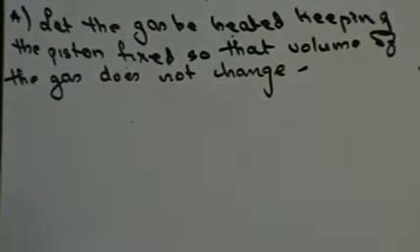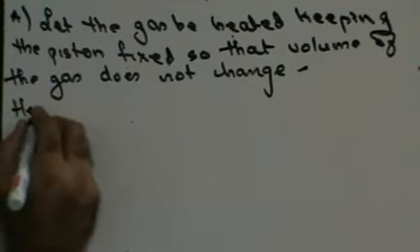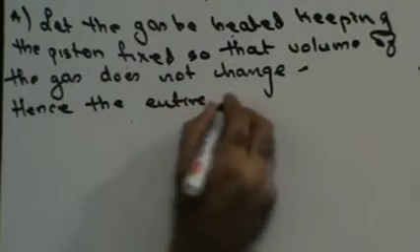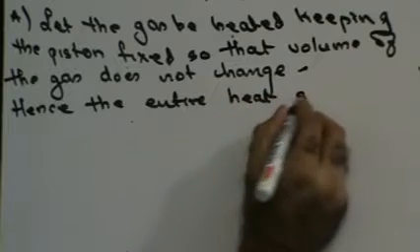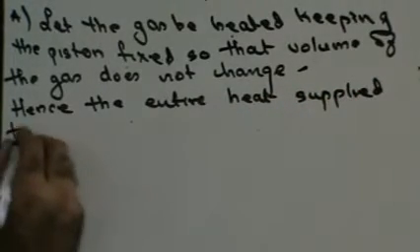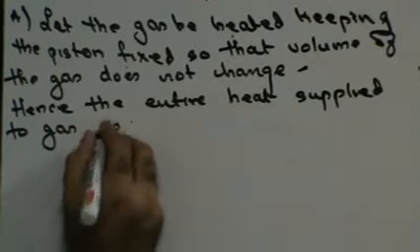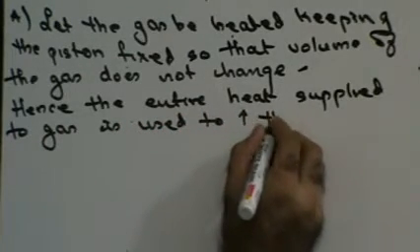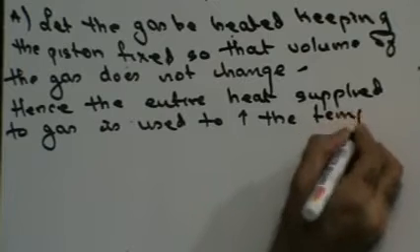Right? Now, in this case, the entire heat supplied to the gas is used to increase the temperature. Since the volume is not changing, I can say hence the entire heat supplied to the gas is used to increase the temperature of the gas.